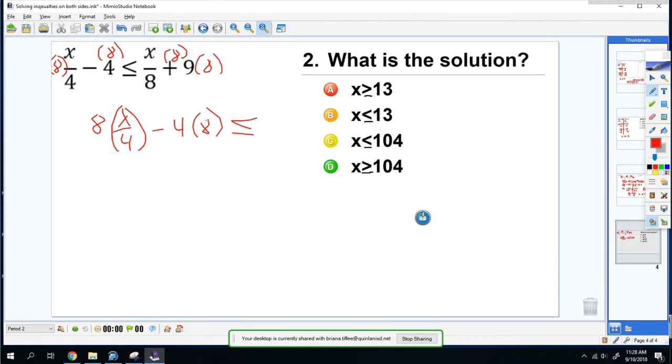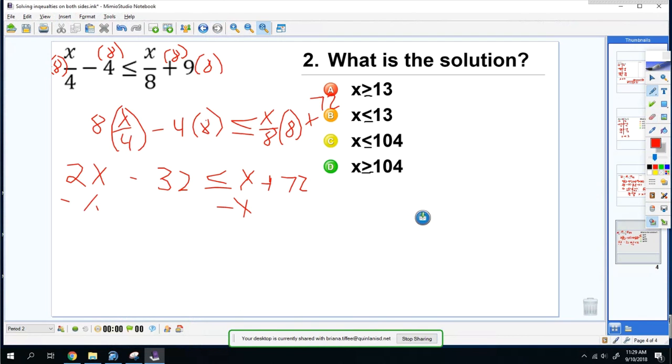I'm going to run out of room. I'll just say 72 because 9 times 8 is 72. So that'd be 2x minus 32 is less than or equal to x plus 72. So now I subtract x from both sides.